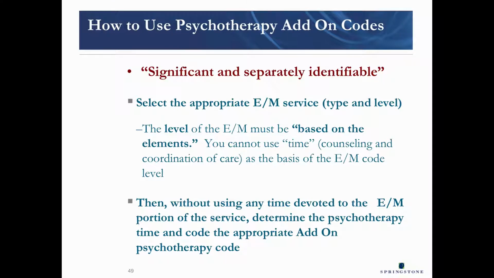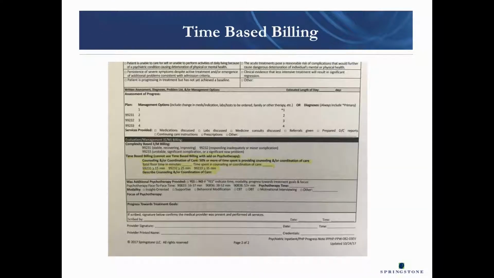So let me take us back to the bottom of the note, and you can see right below the time-based billing, there's a section for additional psychotherapy. Was additional psychotherapy provided, yes or no? If yes, we need to indicate the time. So below it is psychotherapy face-to-face time.